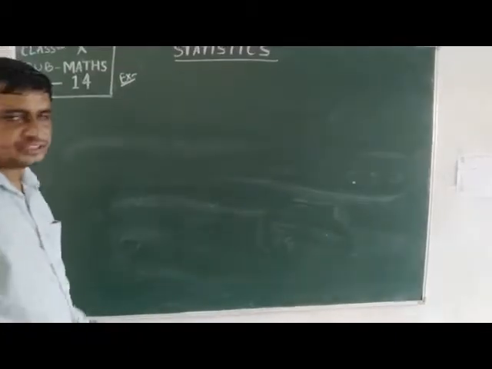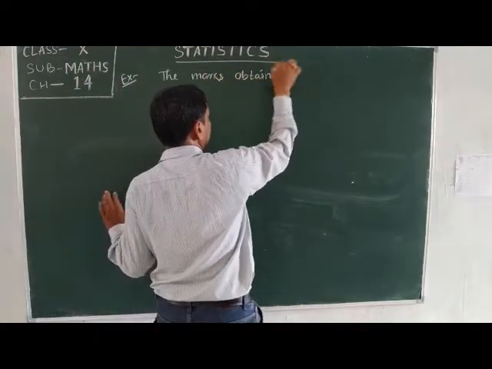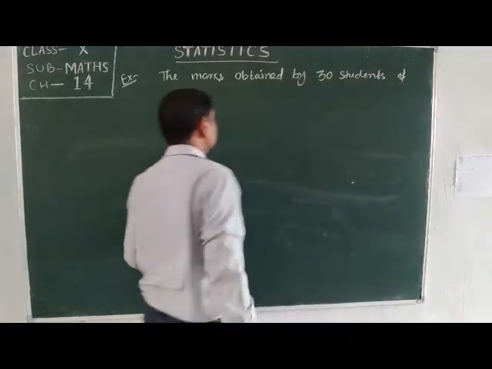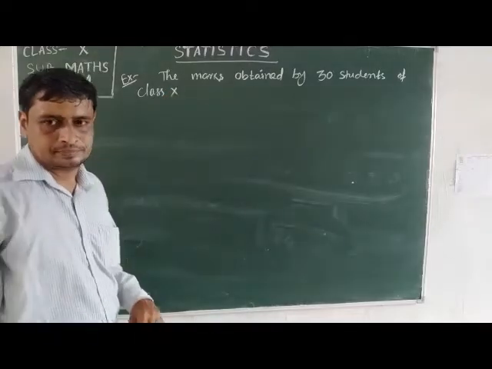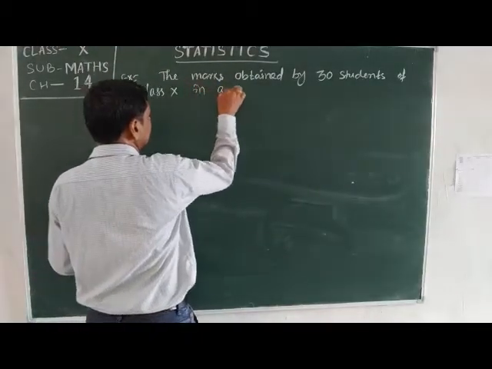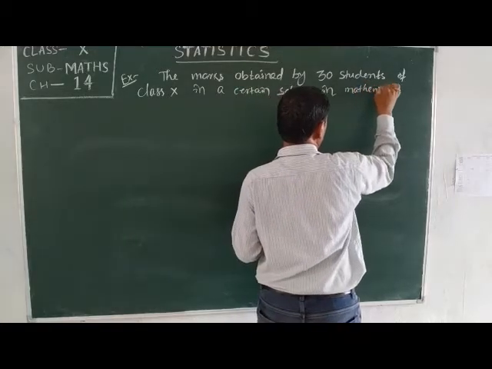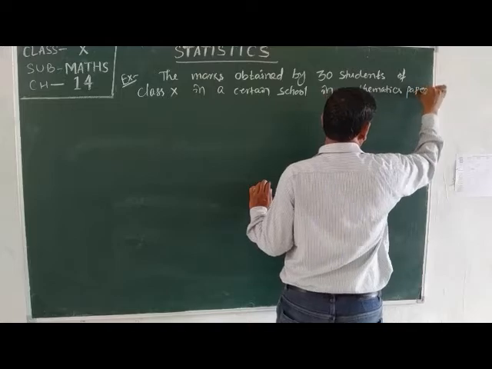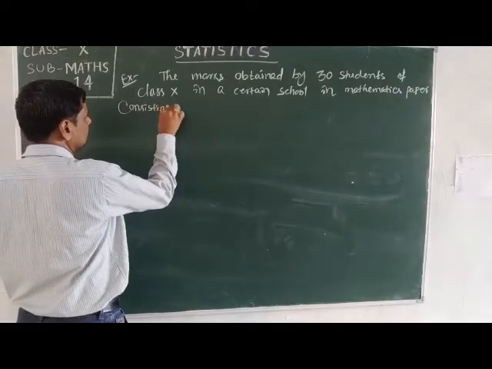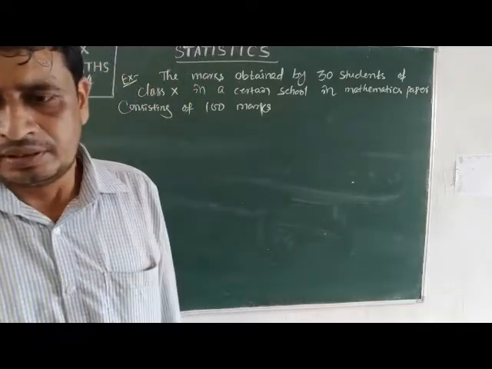The marks obtained by 30 students of class 10 of a certain school in a mathematics paper consisting of 100 marks are represented in the table.